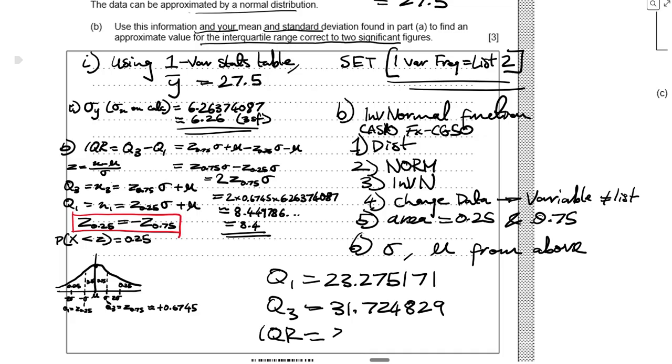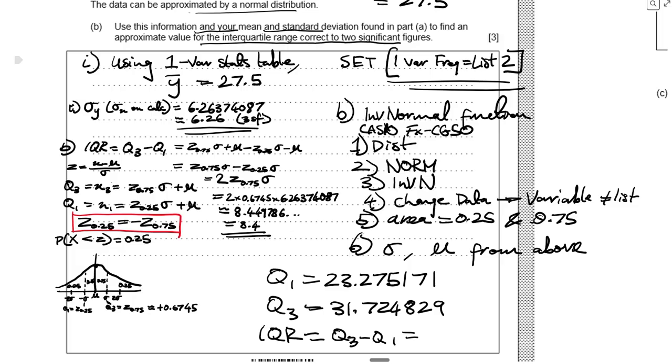Now I find the difference. IQR is equal to Q3 minus Q1, which we already had up there. Yep, here. Which is, let me calculate that. Use my other calculator. 31.724829 minus 23.275171.